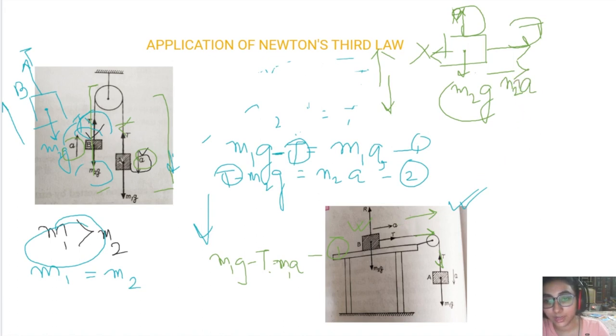Because a here, as you can see, is in the right direction. So we can write that the force m2a is also in the right direction. So what does this mean? The fact that T, the tension, and m2a are both in the same direction.